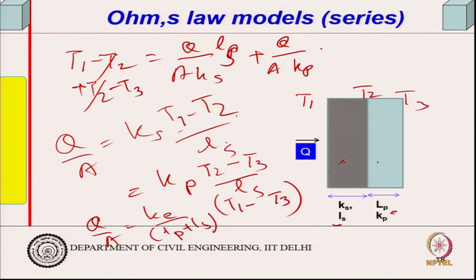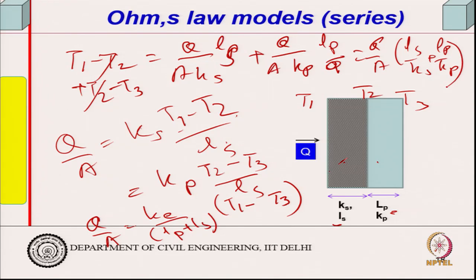T1 minus T3 will be then this into L pore, already I have done that. So, this can be written as Q by A into Ls by Ks plus Lp by Kp. T1 minus T3, if I do a little bit of algebra, that is what I will get.